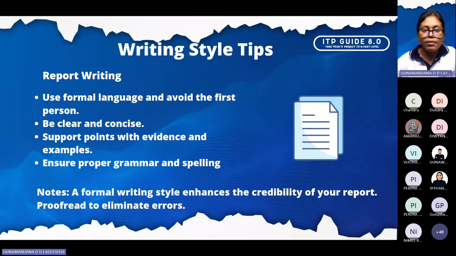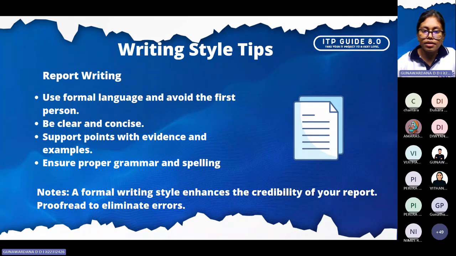If I talk about the writing styles and the tips, the first one, as I already mentioned, is the formal language. You have to use formal language because the report is a very formal document, and you need to avoid the first person as well, and be clear and concise, because they will be giving you a marking guide as well.